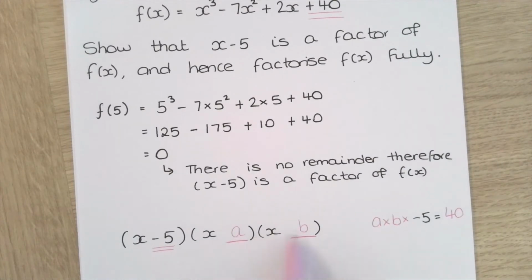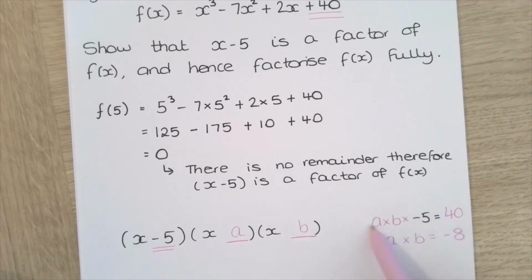So we can eliminate this negative 5 and just work with the A and the B. So we've got A times B is equal to negative 8, and all I have done here is divide both sides by negative 5.